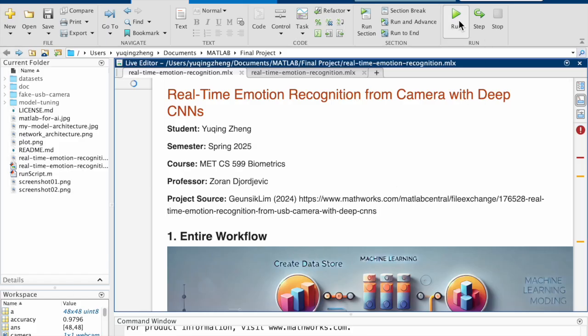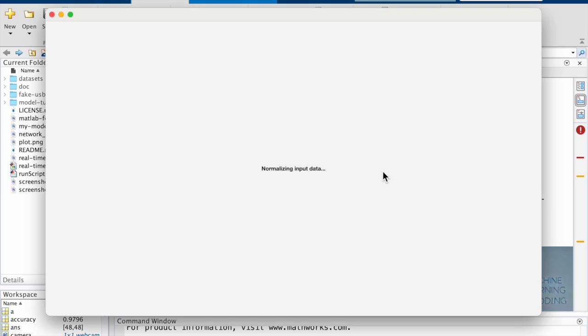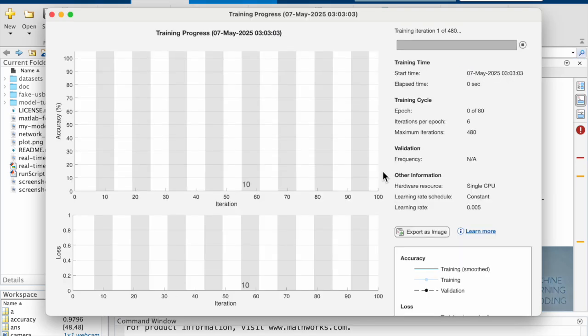We can run our code now and see what kind of diagrams, what kind of plots, and the result accuracy the model will generate for us. We can leave our project running now and return to our result part.